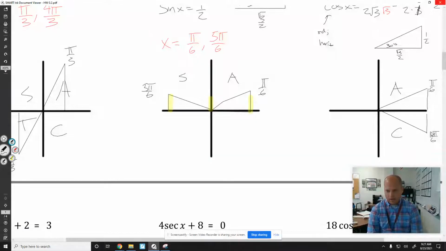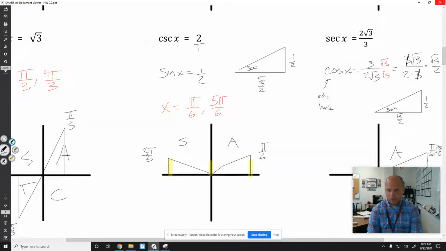It's very important to know that this 11 pi over 6 is coterminal with negative pi over 6. If I just go 0 and subtract, that's coterminal. I could go all the way around the circle, get to 12 pi over 6, add 1, and this is coterminal with 13 pi over 6. There are infinitely many solutions to all of these problems.